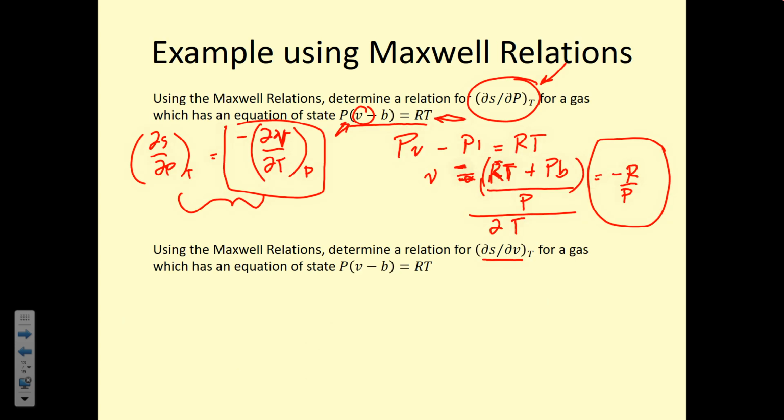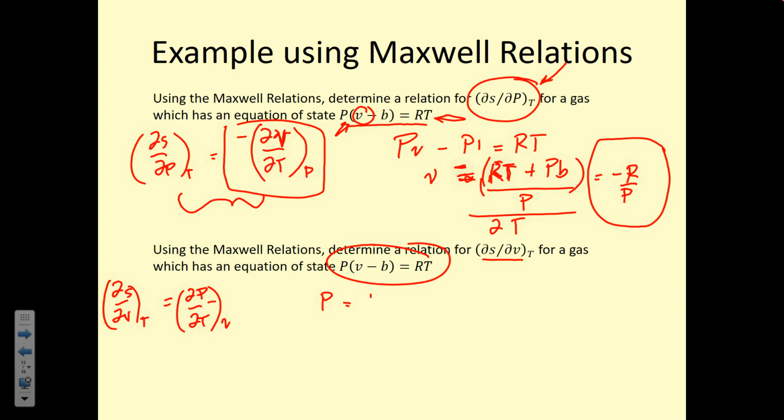So again, del S, del V with respect to T is equal to del P, del T with respect to V. That's the third Maxwell equation. So we want to now put this equation in terms of P so we can take the partial derivative of it.